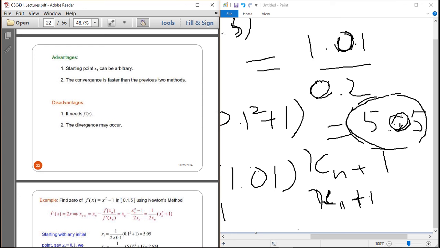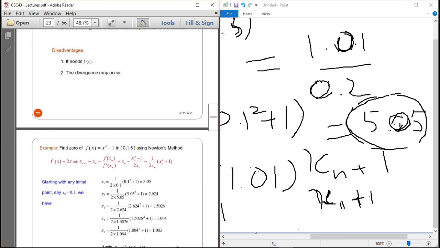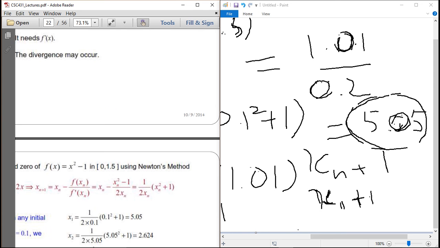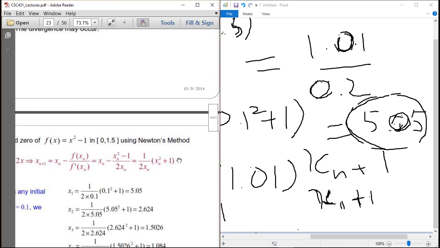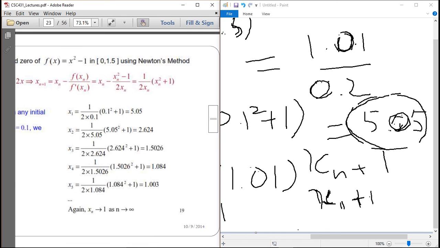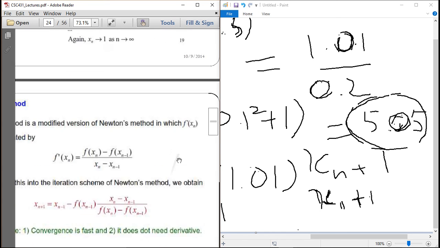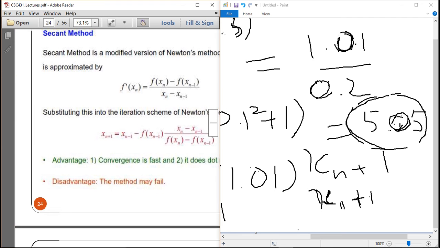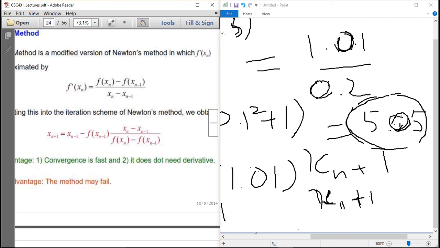It depends on the function that is given. x squared minus 1 gives this, while x squared minus 3 will give you something different. So what you need to do is put xn into x in f of x, and then for the second one, put xn into x, but differentiate it. Then the value you get will give you the formula you use for your iterations. So basically that is how Newton's method works. Thank you very much.